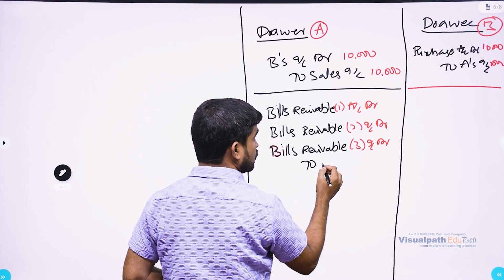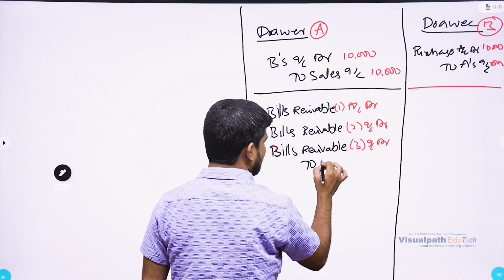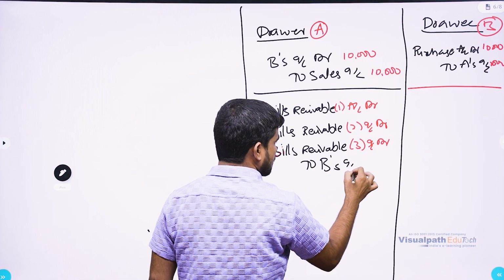Debtor to whom? From whom are we receiving these bills? On the name of the drawee. Who is the drawee? B's account. What is the amount?